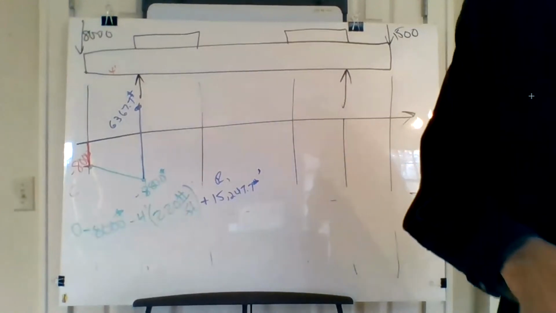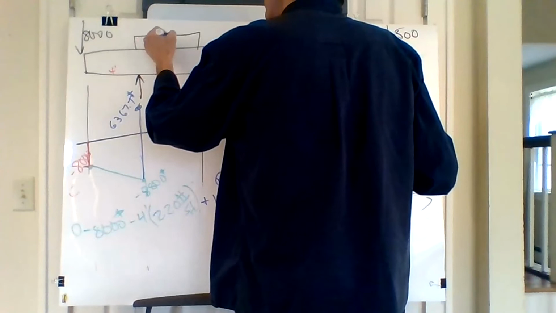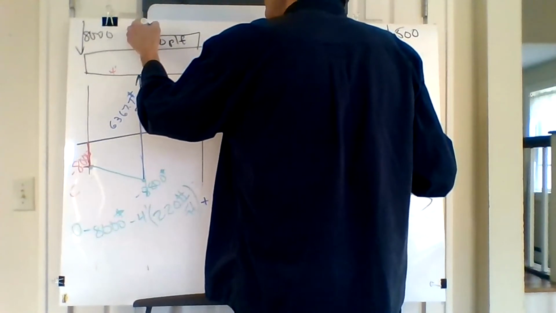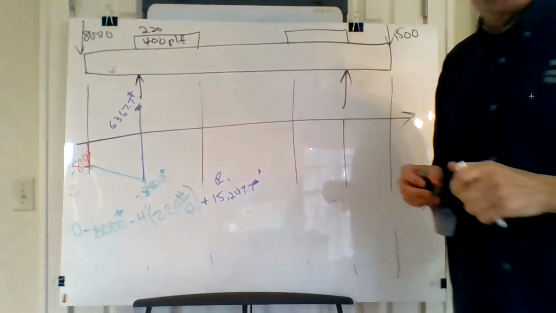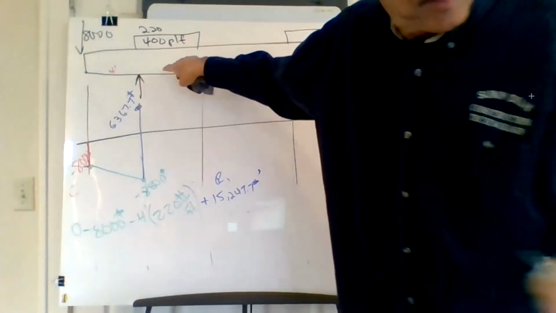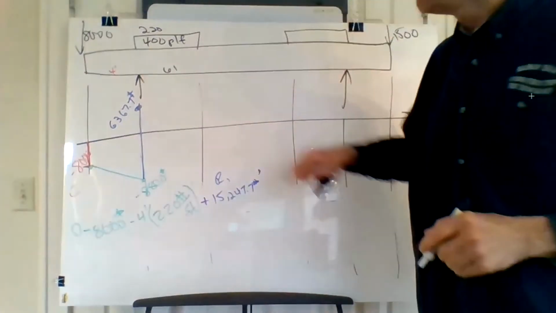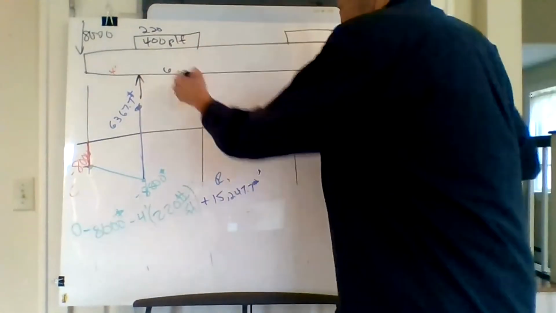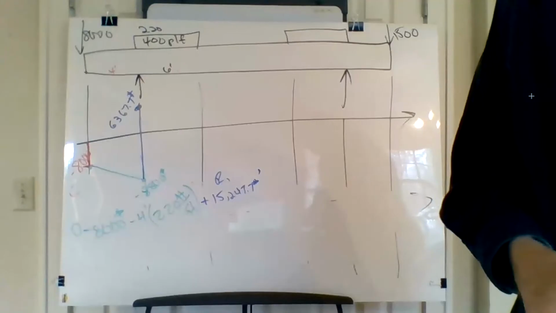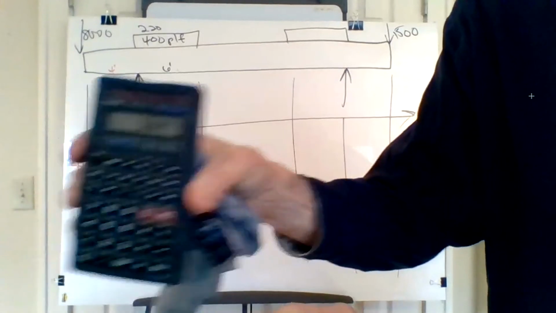Now this was 400 PLF, but also 220. So it's 620. And that was how many feet right there? 6 feet. So I'm going to drop from that value.